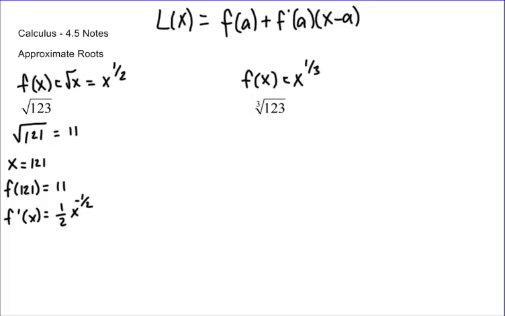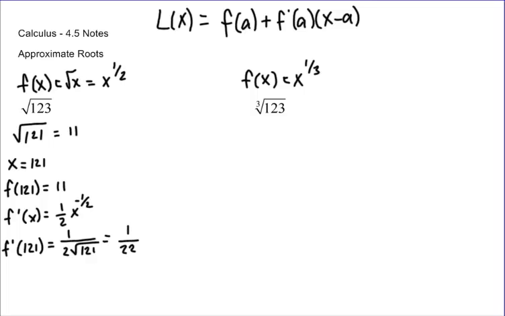And then the other piece of information that we're going to need is the derivative at 121. Well, the derivative at 121 is 1 over 2 times the square root of 121, which is 1 over 22.